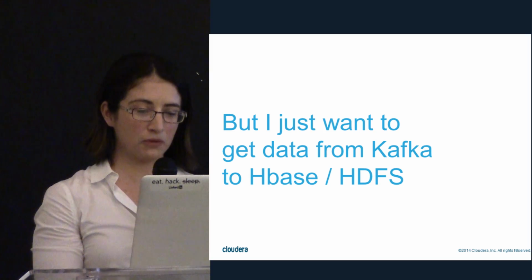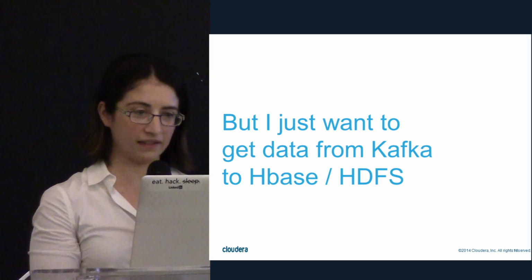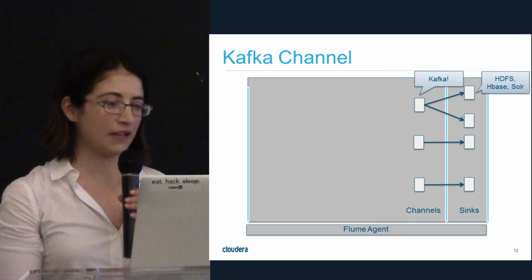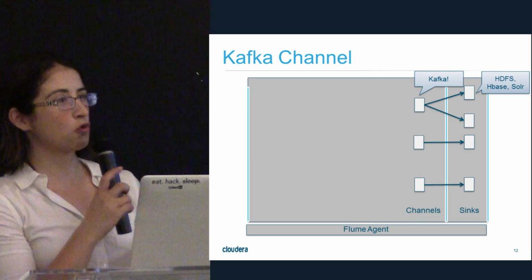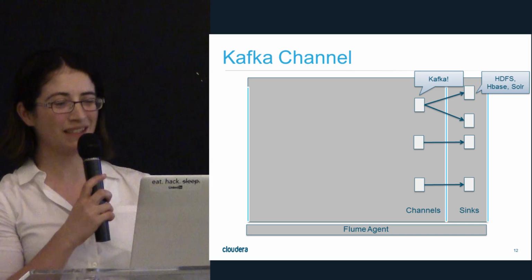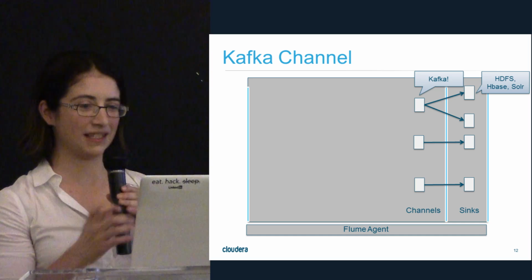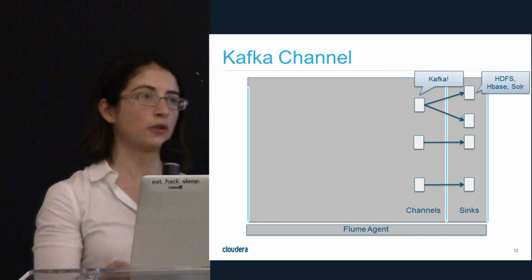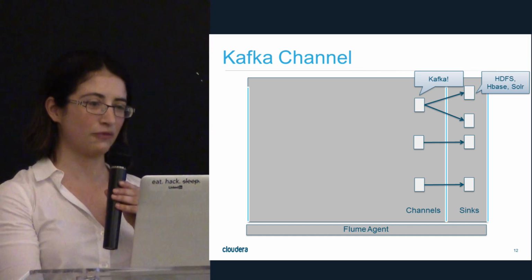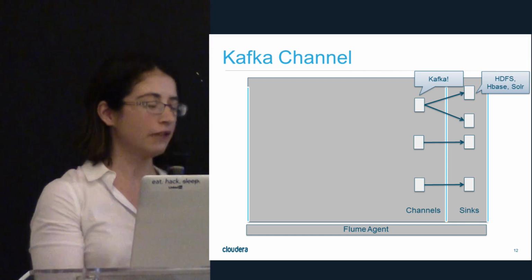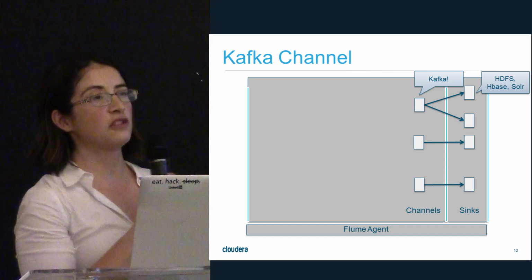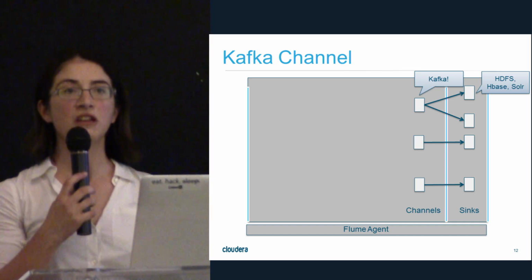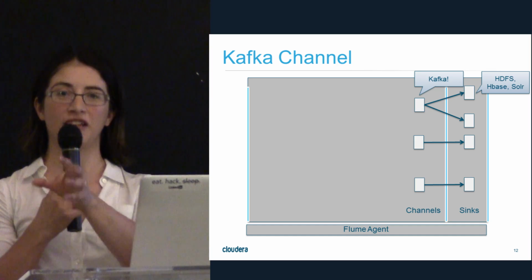So the next thing we came up with, and it's not released yet at all, we don't even have a patch upstream, is a Kafka channel. So you use whatever you want to write to Kafka, and then you just apply the HDFS sink. So the channel is Kafka, and this gives us awesome stuff, because if you use it with the full pipeline, which we had a page or two ago, and you plug Kafka in as the channel, and you currently use Flume for anything else in the world, you suddenly have a highly reliable channel in there.